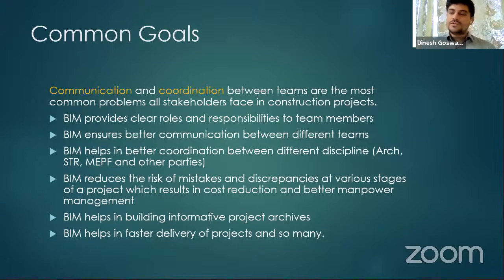If some information is not communicated properly, what will happen? It will result in time delays in project execution, which will result in wastage of money and resources. These are the main two things that cause project delays, and that's why we are implementing BIM in the project.